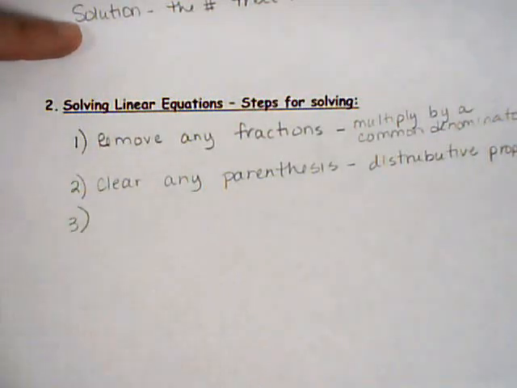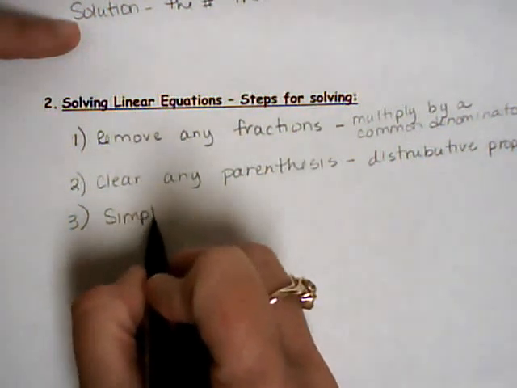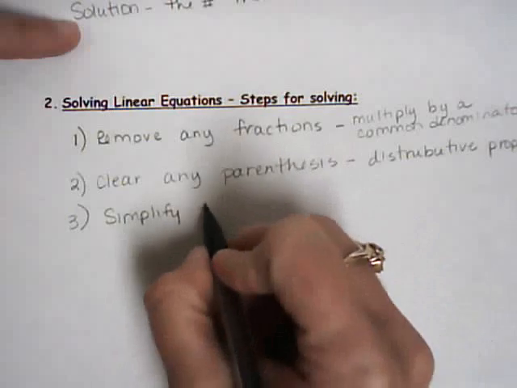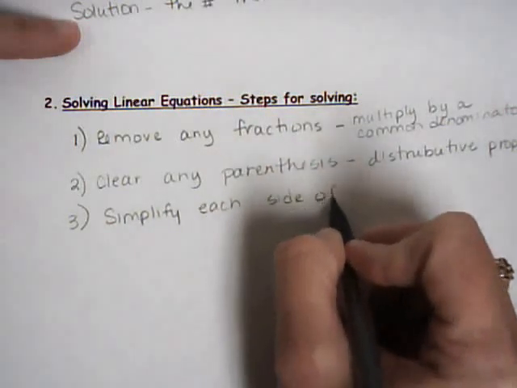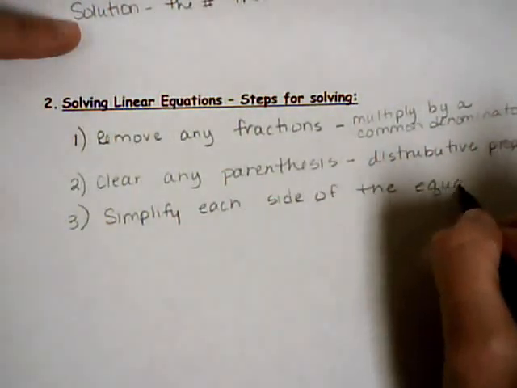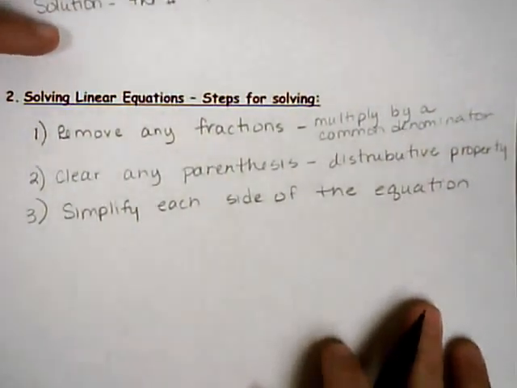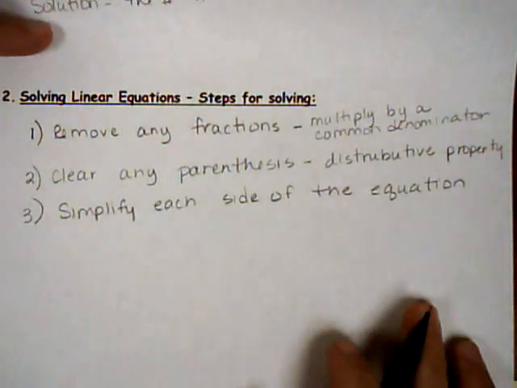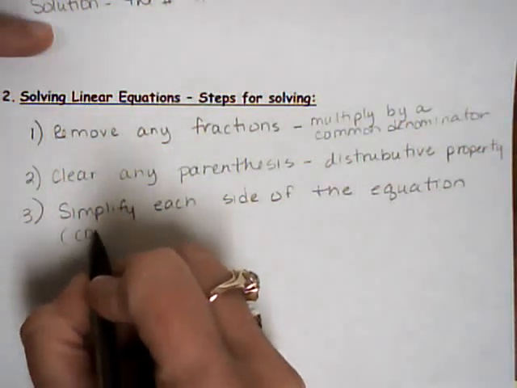Step 3 is going to be to simplify each side of the equation. Okay, and by simplify, this is what I mean. If you have like terms that are on the same side of the equal sign, then you want to combine those.